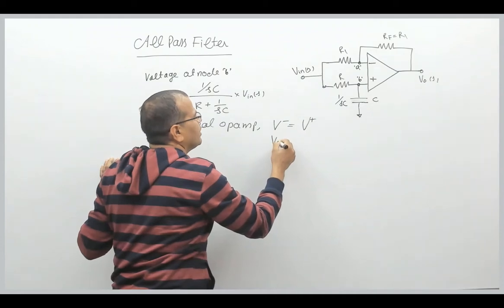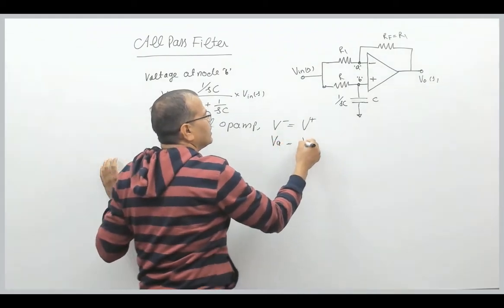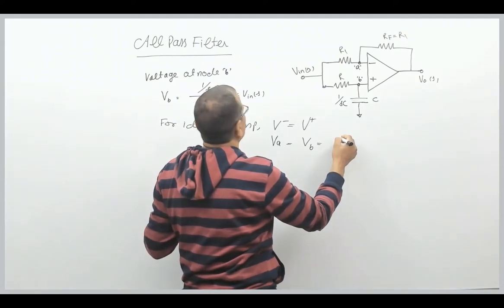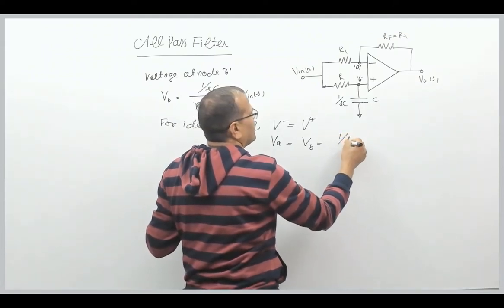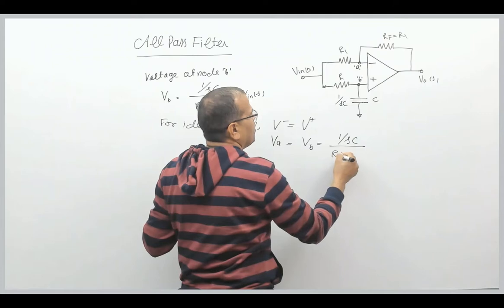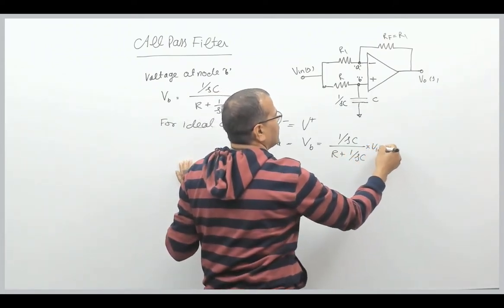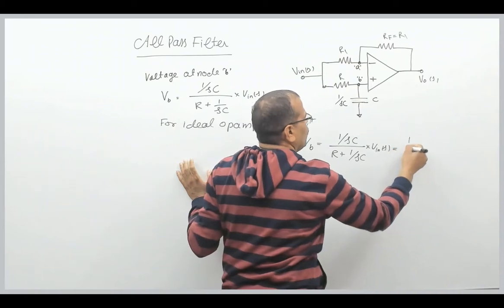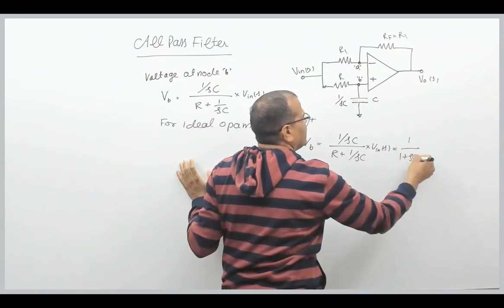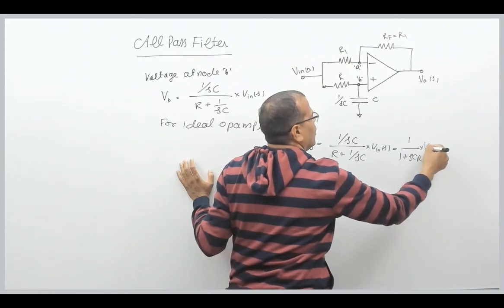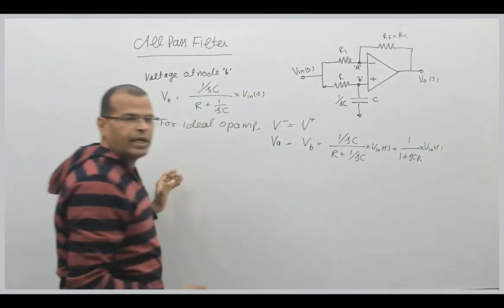So VA equals VB, which is 1 by SC divided by R plus 1 by SC into V in S, that is equal to 1 by 1 plus SCR into V in S. I hope that is clear, right?